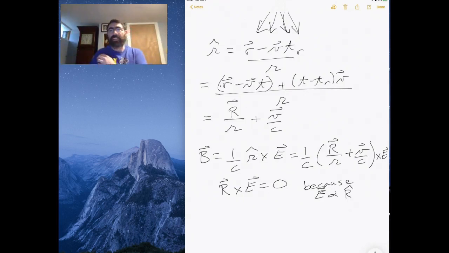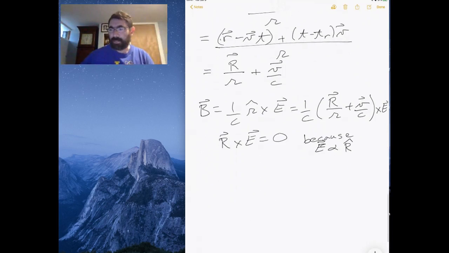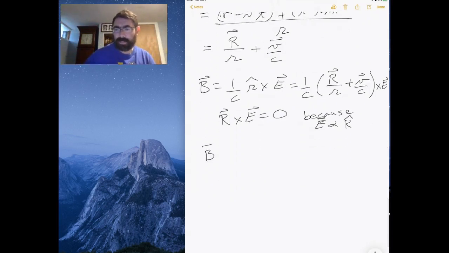Basically, E is acting in the r direction, so r cross E just gives me 0 because E is in the direction of r. So that means what I get is a magnetic field which is 1 over c squared, the velocity of the charge, crossed into the electric field.